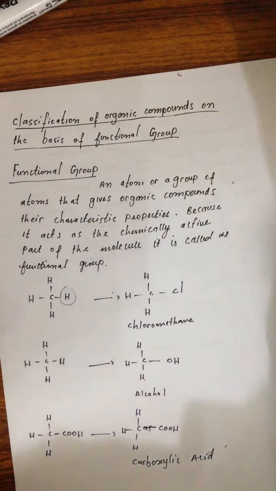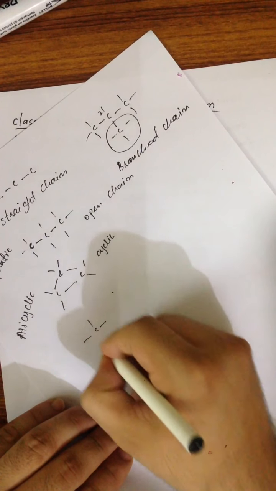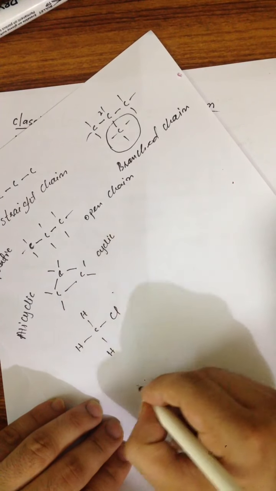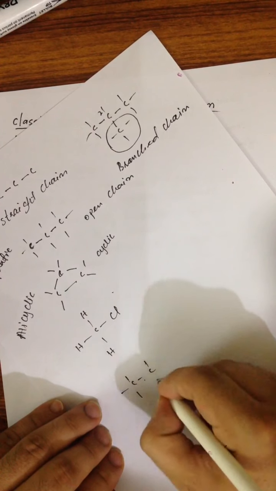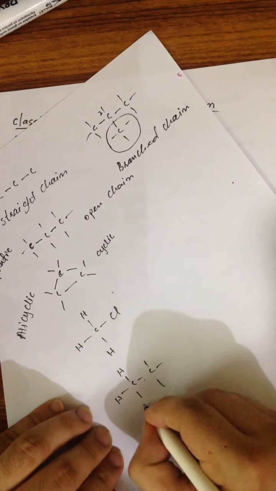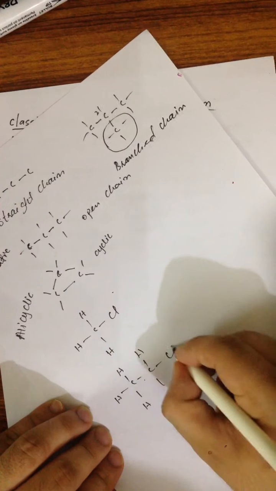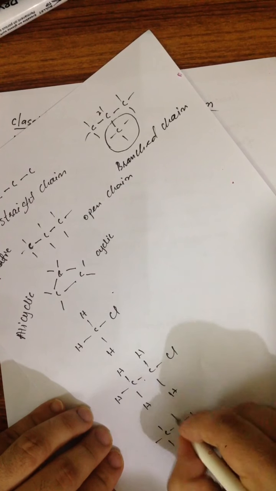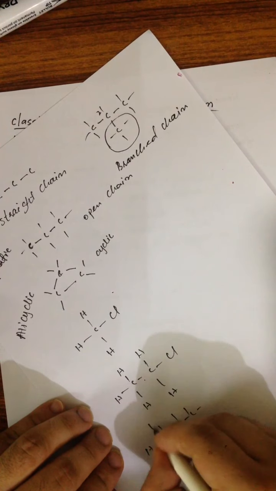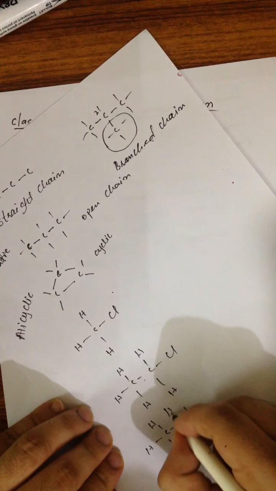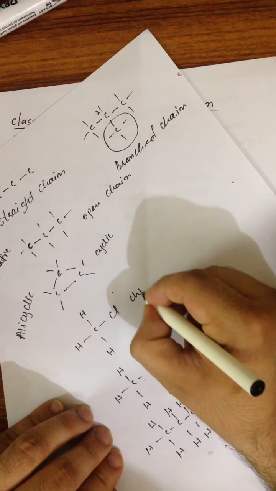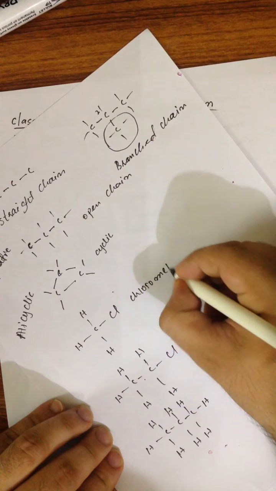Now there is a complete series of these chloro compounds. You can have chloromethane, chloroethane, chloropropane. You can have all these different compounds.